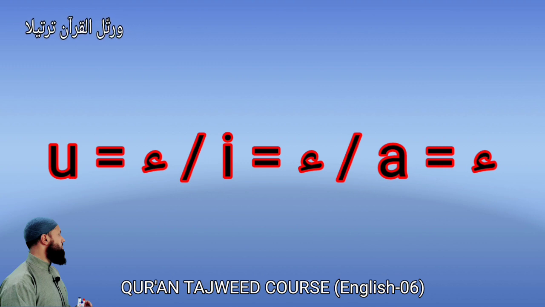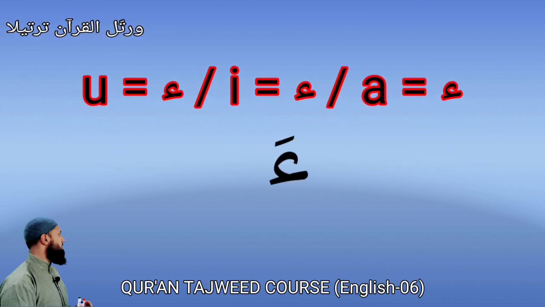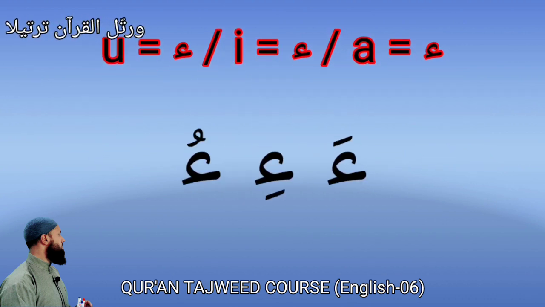Hamza may correspond to 3 different vowel sounds or 3 different vowel letters in English, depending upon the diacritic sign or the short vowel sign used on Hamza.